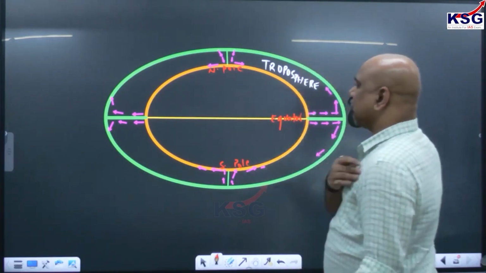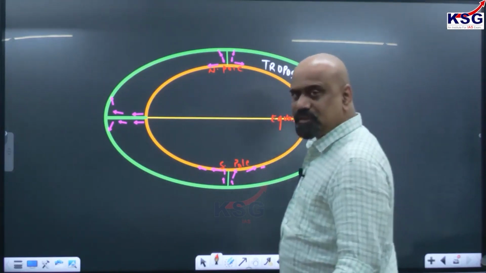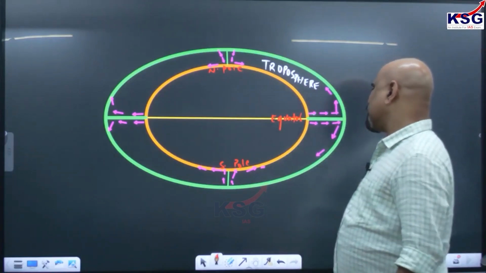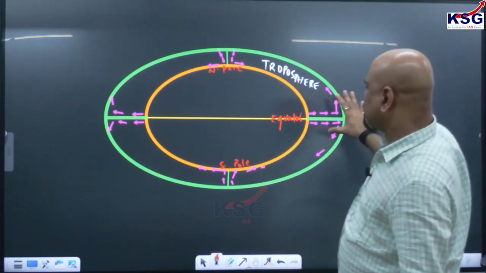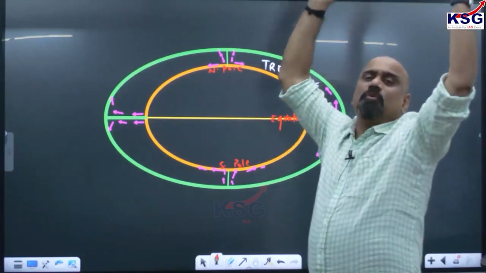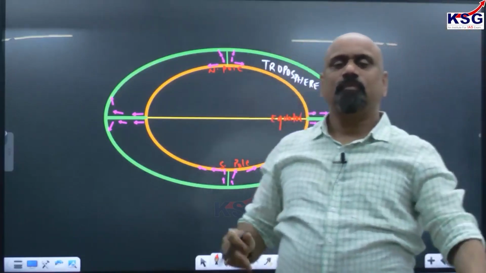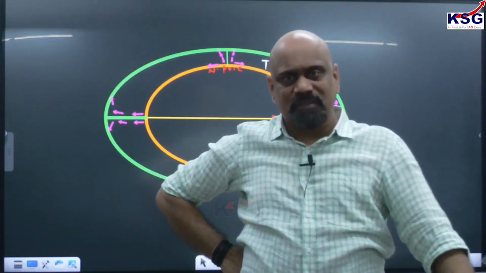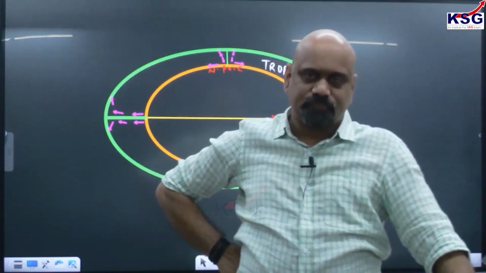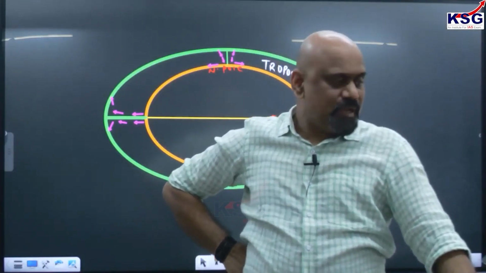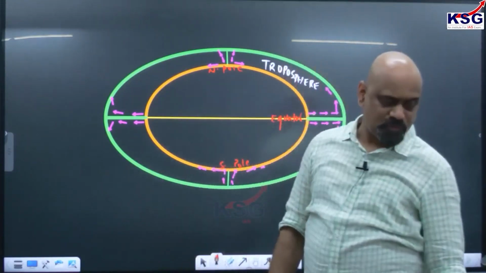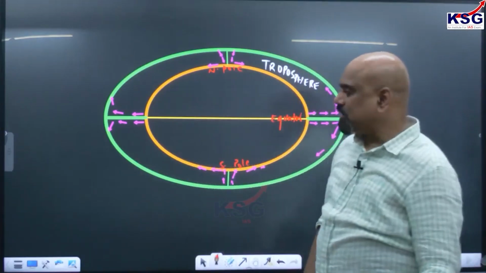Remember, at the equator, temperature is very high, because of which this air parcel goes upward. Why? High temperature leads to high convectional instability.